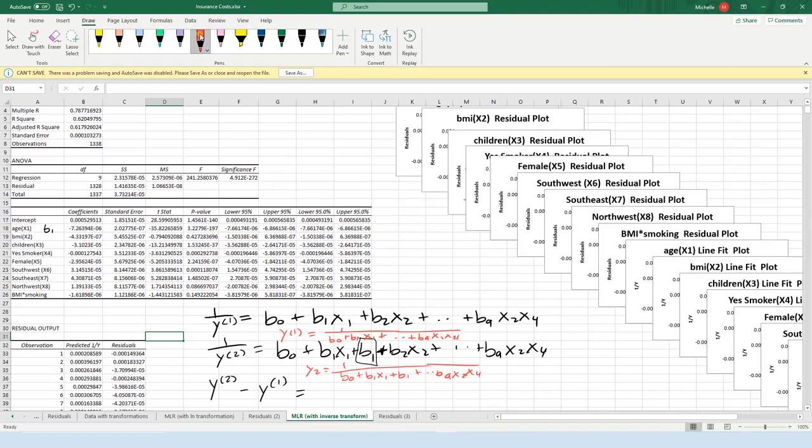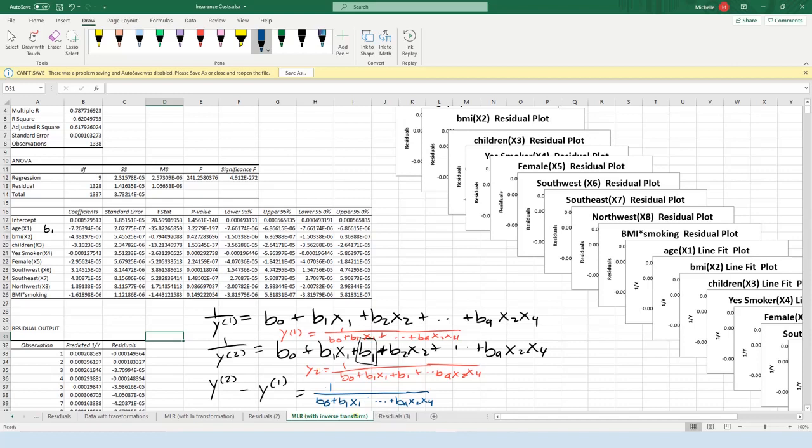So now, when I want to figure out this difference, that's what I'm going to be plugging in. I'm going to be plugging in these nasty fractions. So this is going to be equal to 1 over b naught plus b1 x1 plus dot dot dot plus b9 x2 x4.